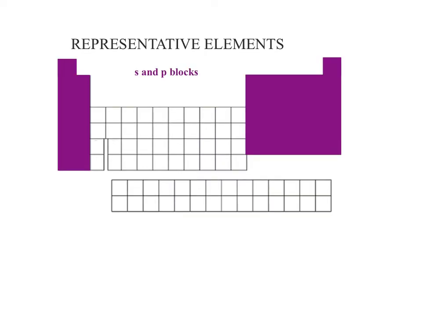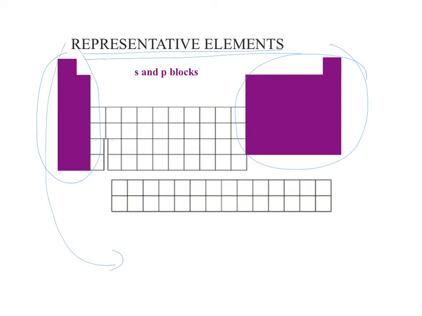A set of blocks that you want to know is the S and P block. Another way to call them, instead of S and P, we could call them the representative elements. The reason they can be called the representative elements is that these are the blocks that represent the valence electrons.